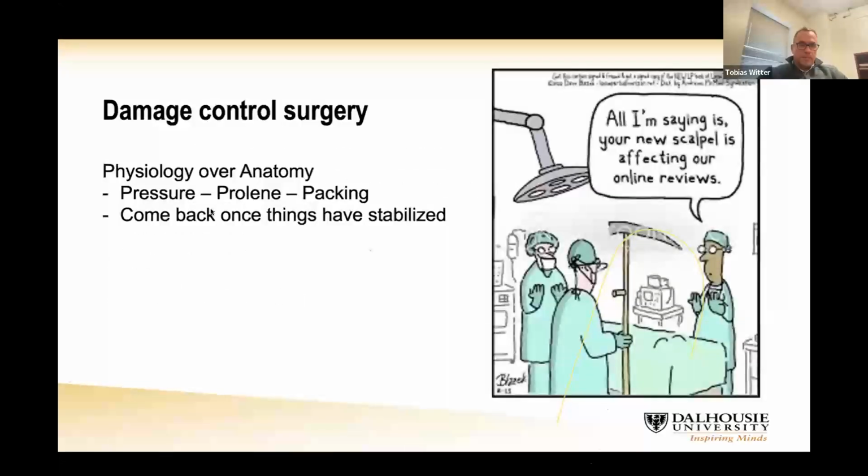Moving on. So now we have our patient in the trauma bay. We figured that he's bleeding from somewhere. Do we need to send him to the OR? Maybe. There's this concept emerging in the last 10, 15, 20 years, damage control surgery, that puts physiology over anatomy.